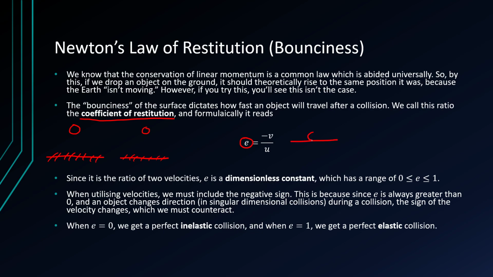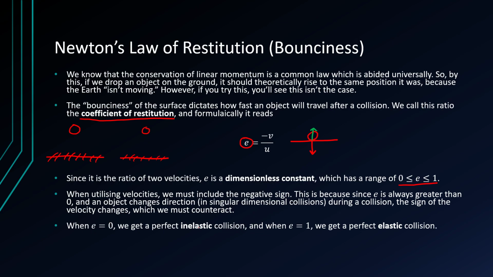As soon as an object hits the ground here, it'll have a velocity straight down. But then, of course, after the collision, it'll have a velocity straight up. These are in opposite directions, so adding the minus sign allows us to have E within the range that we need, which is between 0 and 1 inclusive.